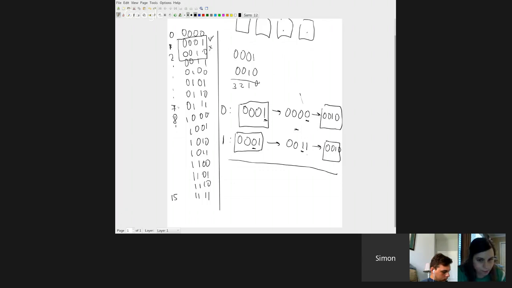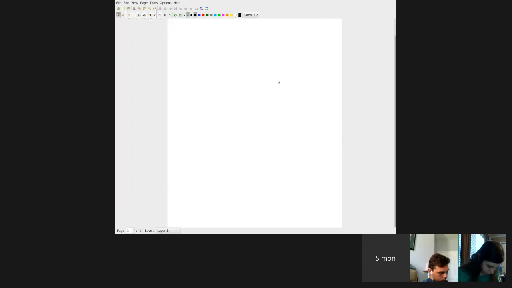And this is where gray code becomes handy. In gray code, your encoding always changes a single bit when you convert from one state to another.